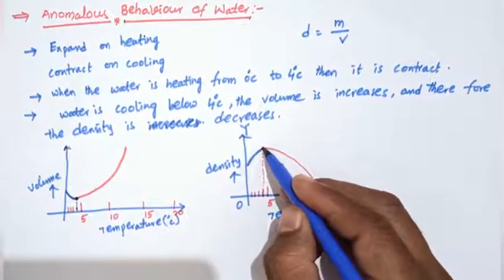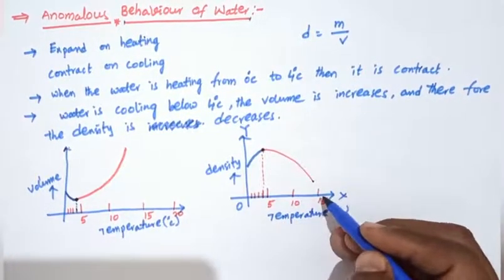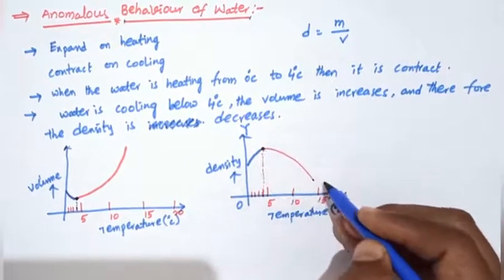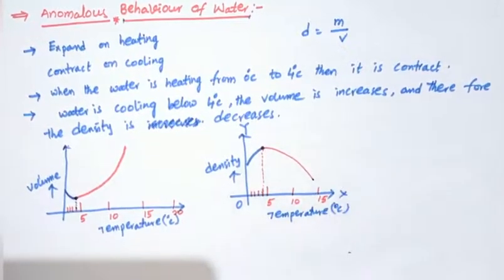So from 4 degrees Celsius to higher temperature, what happens? It increases the volume, and it decreases the density. So the graph is like that.